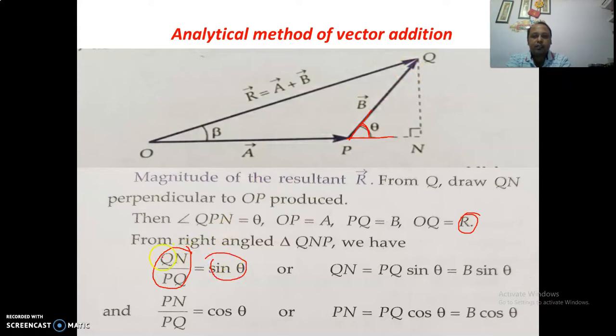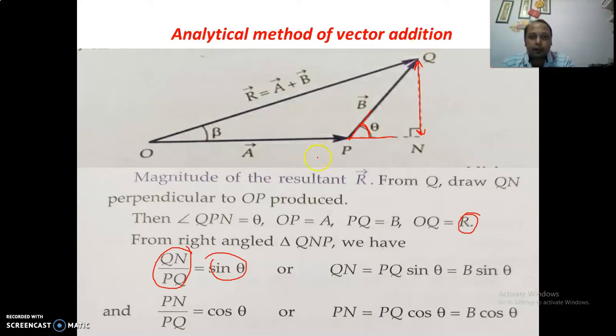From this, the value of QN is given by PQ sine theta, and PQ is B, so we can write QN is equal to PQ sine theta, which is equal to B sine theta. We have calculated the value of this QN, and it is B sine theta.